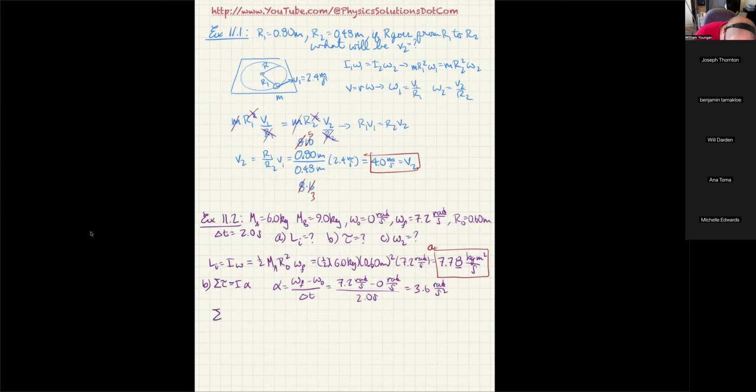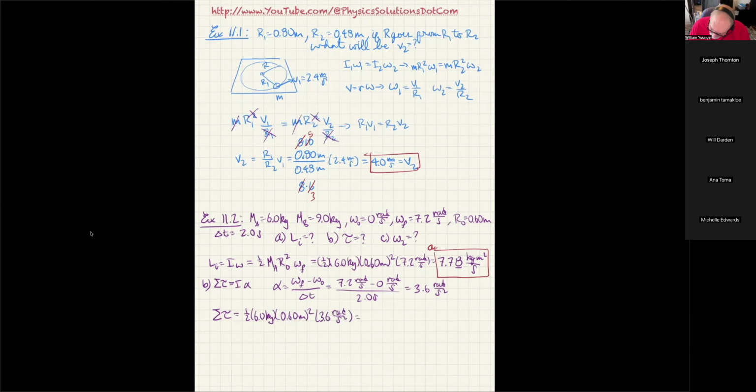That means the net external torque on the system must be equal to that. So I've got 1/2 times 6.0 kilograms times 0.60 meters squared times 3.6 radians per second per second.